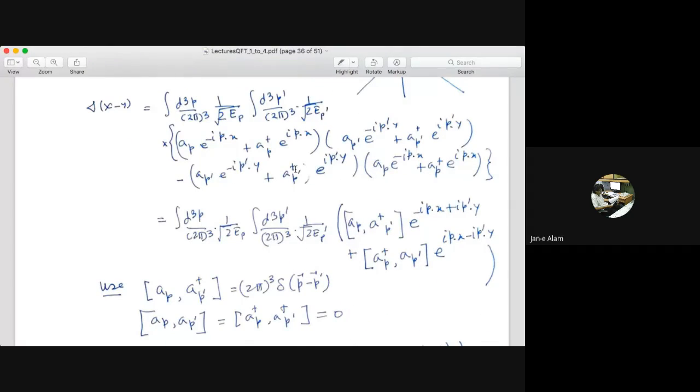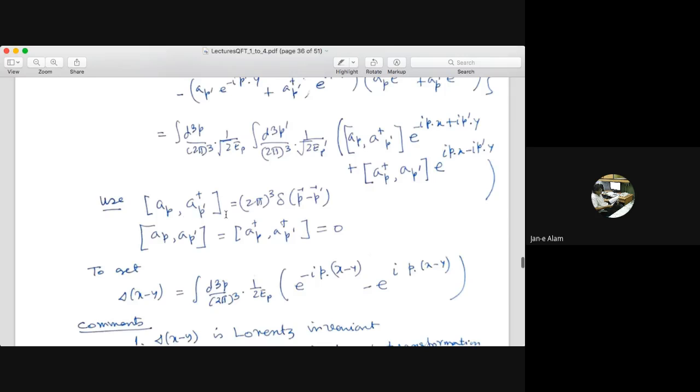And by this time, yesterday I showed you that the commutation relations between A and A, and between A dagger and A dagger, are 0. Those commutators are 0. So if you take the product, you can easily see that the only non-zero commutators will be A p and A dagger p prime, and A dagger p and A p prime. These two will survive. Now, yesterday we derived these commutation relations.